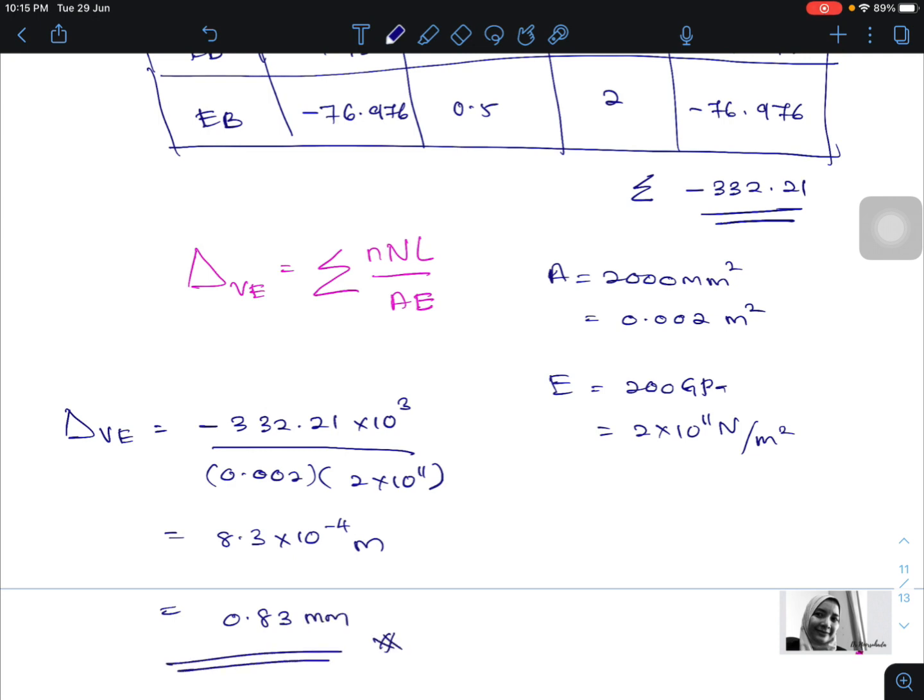This is the vertical deflection at E, the value is 0.83 millimeter.